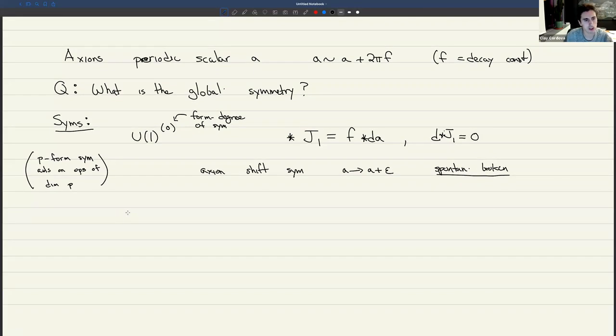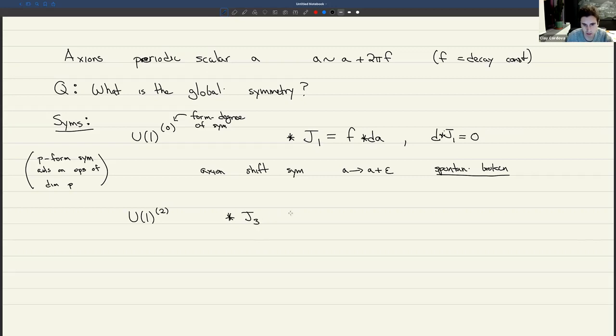Okay. Now, if you're just talking about a free theory of axions, there's one other symmetry that you should know about, which is a 2 form symmetry, U(1) super 2. What can we say about this? Let's write its current. So a continuous 2 form symmetry should be associated to a current with 3 indices.